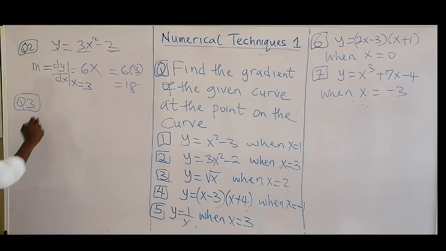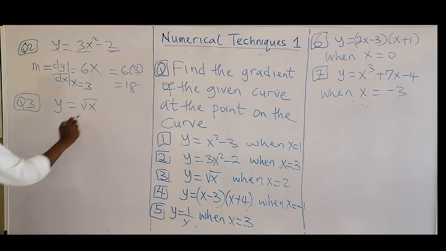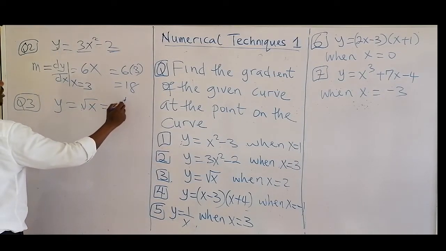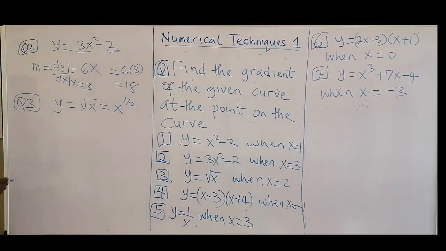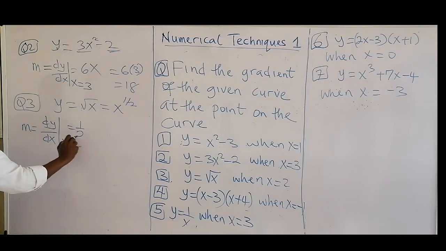Question 3. We have y equal to root x. Then you can do the algebra, remove the radical, remove the square root, and that will be this. Then dy dx for the gradient, which is m, at the point x equal to 2. Differentiate this: the power will come to the front, then write the expression itself, the power minus 1.